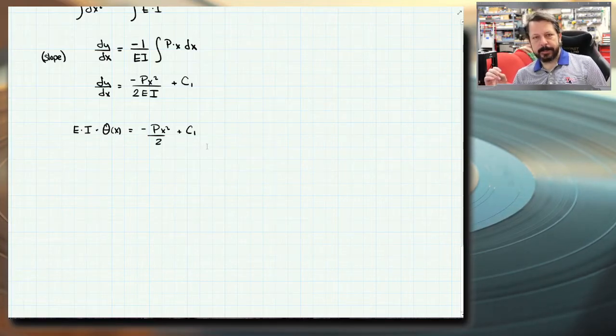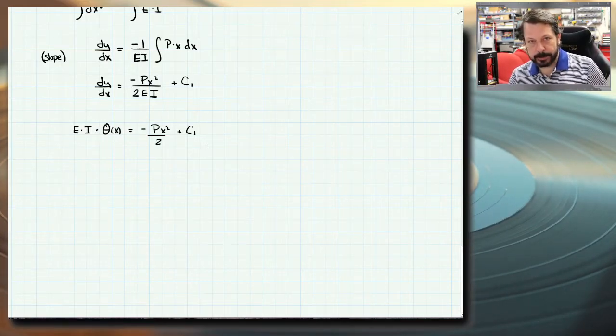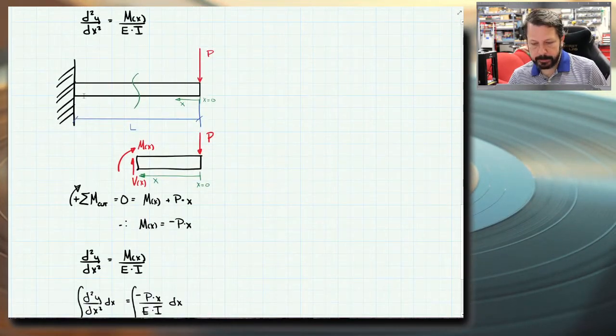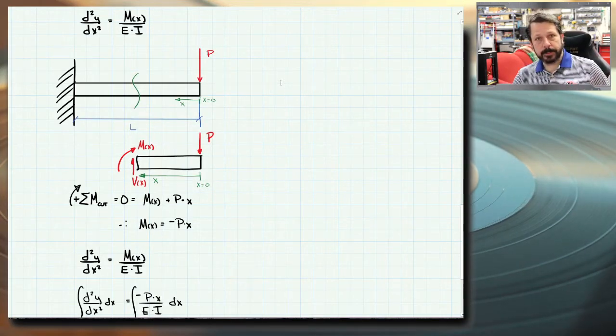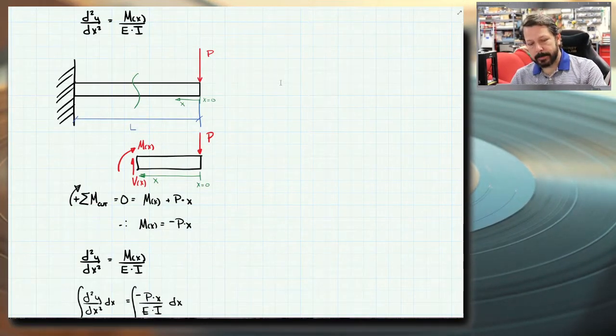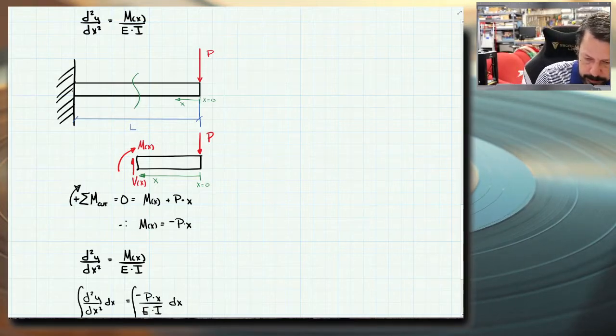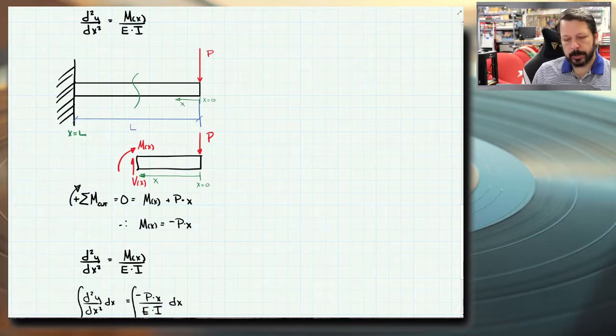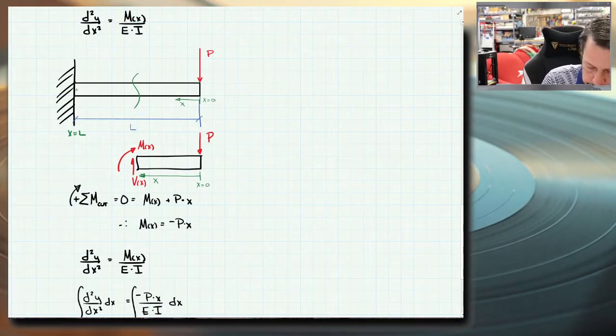So that means I need some kind of boundary condition where I know something to be true. If I look at my beam here, as far as the slope goes, because that's what I'm working on right now, x equals L, so that's back here. If I were to draw the slope of this beam, it's going to do something like this.